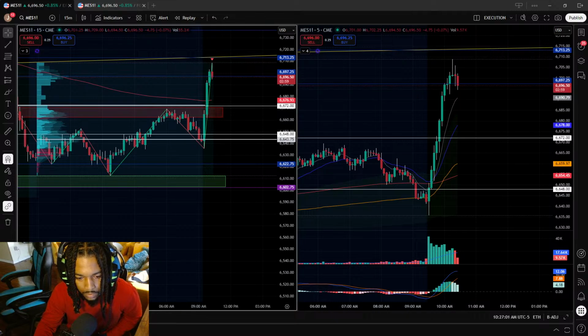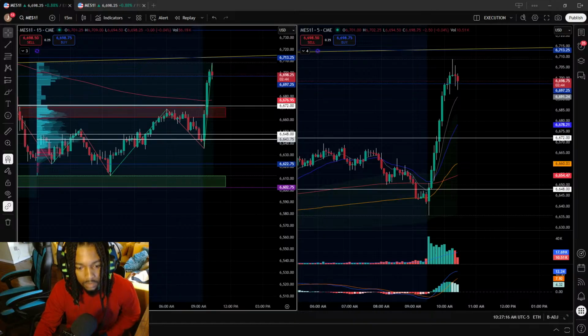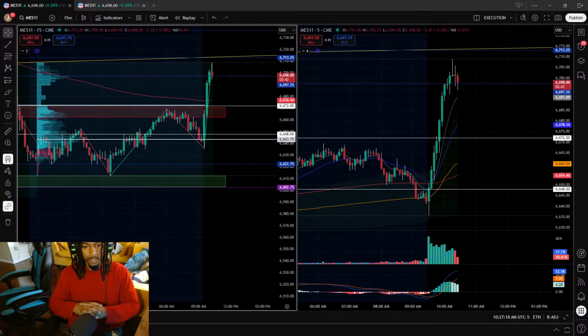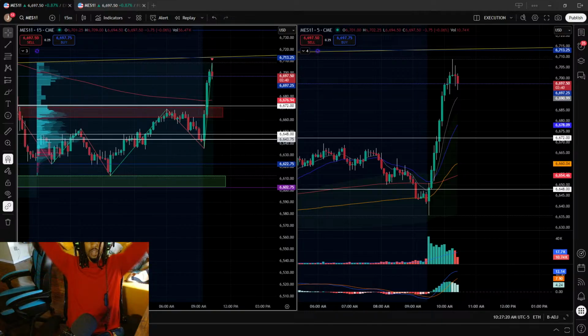If you have a move to 690, I wouldn't mind taking that. I ain't gonna lie to y'all. Two minutes to that next 15-minute candle opens. All right, if we hit this, we hit our TP and we're good.